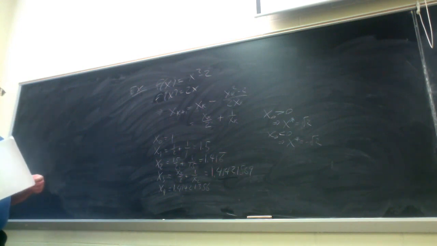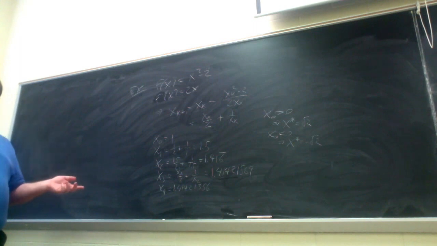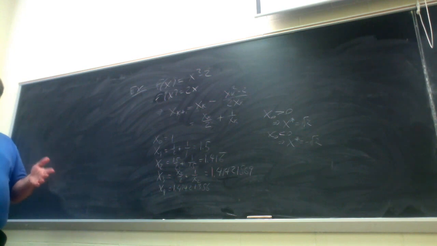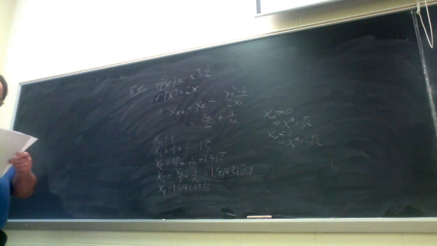Yeah, because you can only be confident. There's a theorem in the notes, a pretty useless theorem, which is why I didn't even bother running it down: Newton's method is guaranteed to converge if the initial guess is sufficiently close to the root, and if f is twice continuously differentiable.